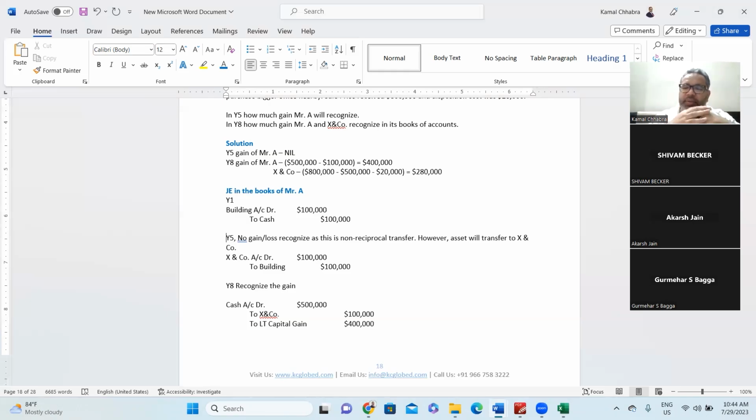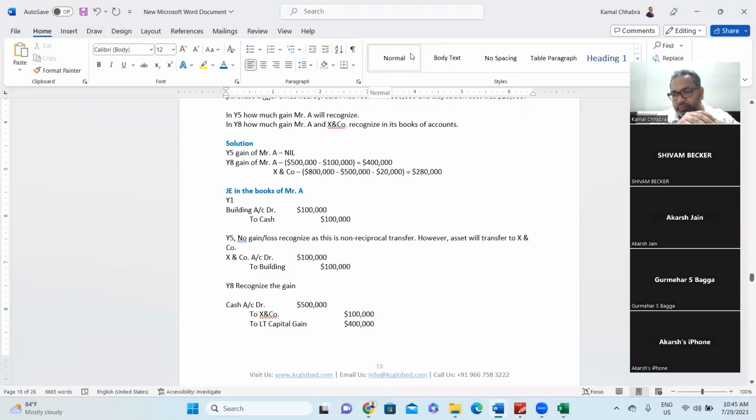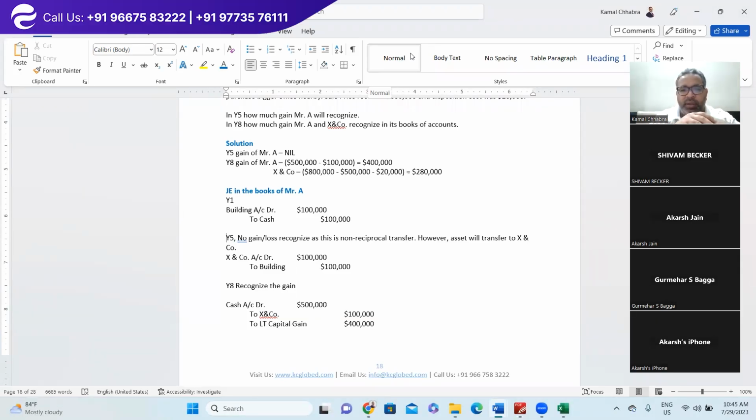So in that scenario, either you will be recognizing the entire gain in the books of the company and paying taxes there, or in this kind of transaction it is partly recognized in your books and partly in the company's books, but the tax authority has to take the entire taxes. Make sense?